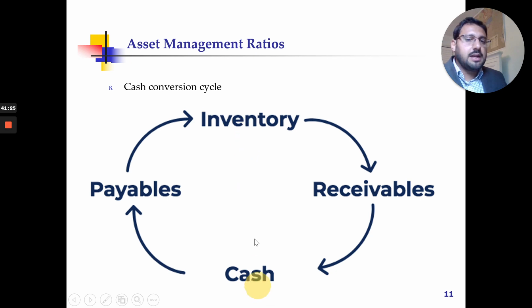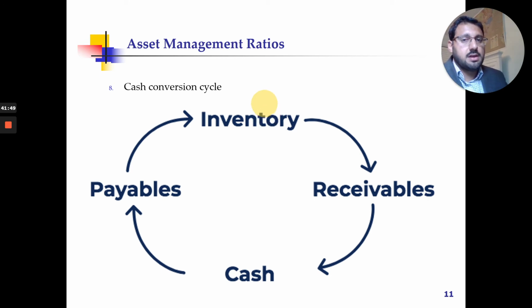So for 80 days you'll remain out of cash, but there is some cushion given to you by the supplier in terms of the accounts payable. That is actually, say, 20 days. So that cushion you have to take out from the number of days for which you are not able to collect your cash.